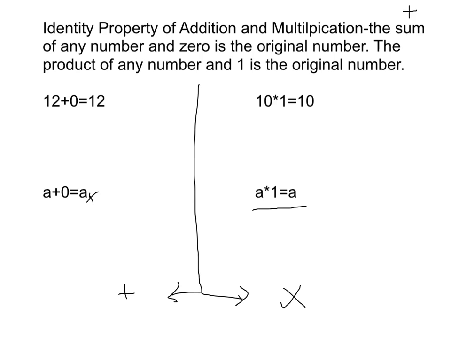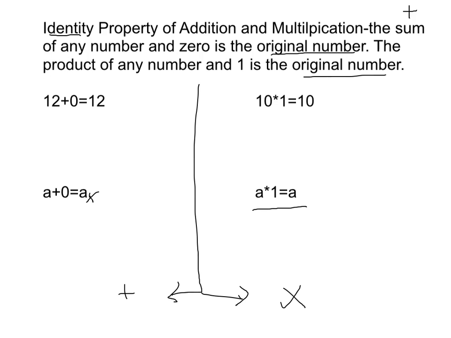A times 1 is A. Okay, so anything times 1 is going to be the original number, and anything plus 0 is going to be the original number. This is the identity property, and what that means is it's always going to be the original number. That can help you remember: if you do anything and the answer is the same as the original number, we know it's going to be the identity property.